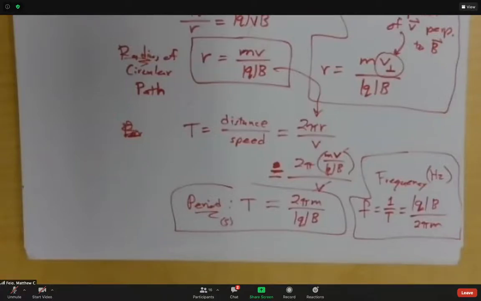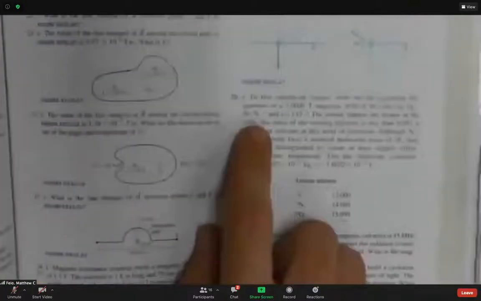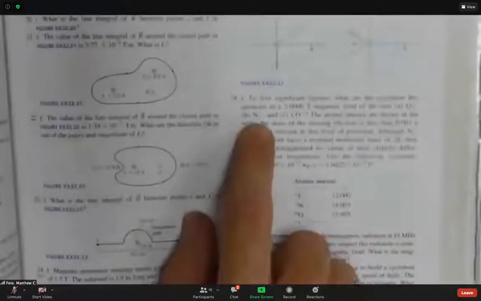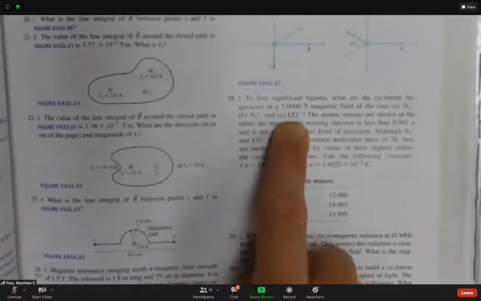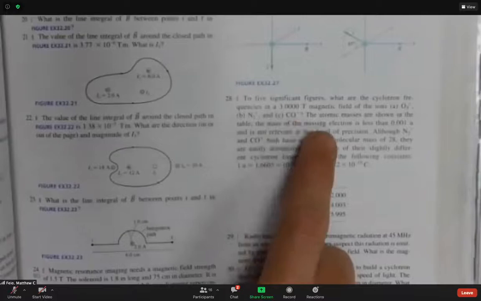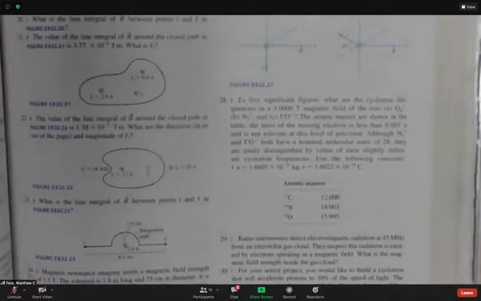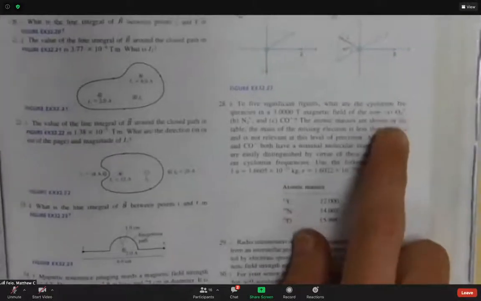Yeah, N2 plus, so charge is +1 e for the first, charge is also +1 e for the next. What's part A? There is no part A? Okay, it started with B and C if I'm reading that right. O2 plus, sorry, O2 plus, also +1. Which of these have very similar masses? None of them are the same, they're all kind of similar, but which ones have very similar masses?